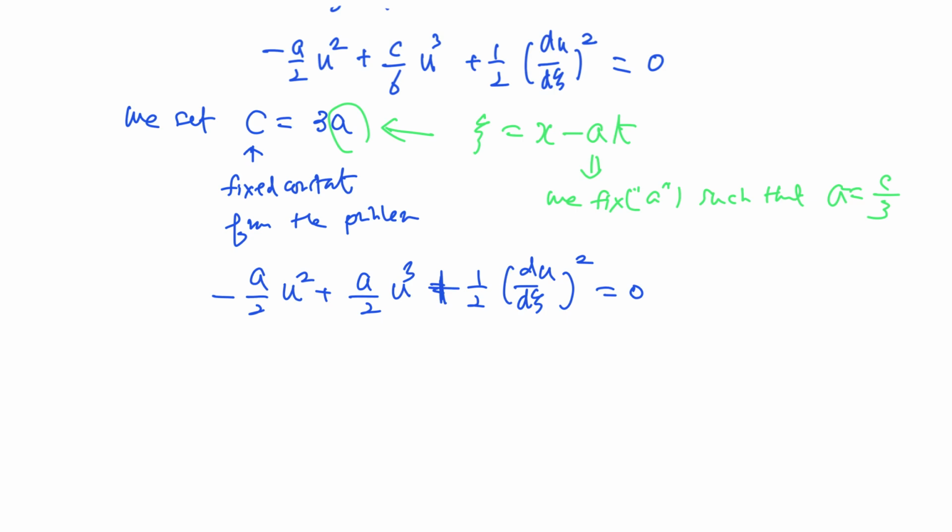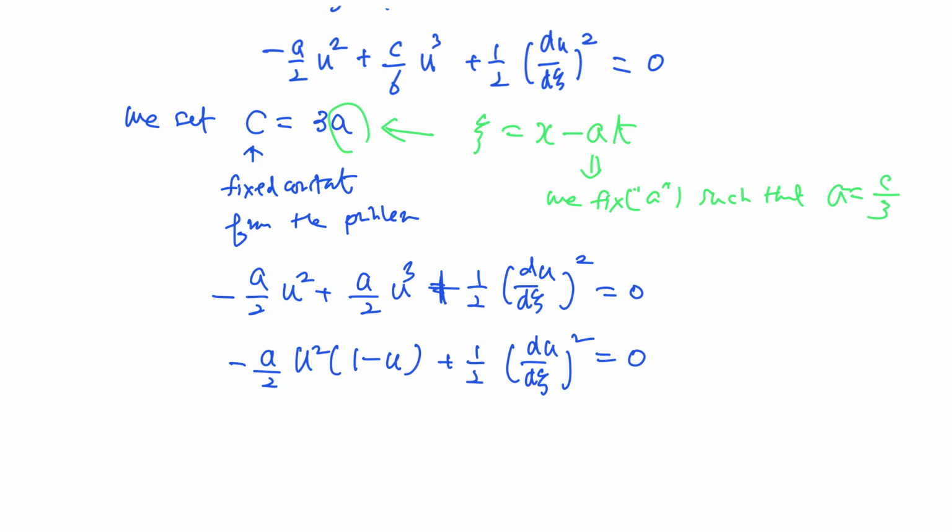Or minus A over 2 u square 1 minus u plus 1 over 2 d psi du square is equal to 0.